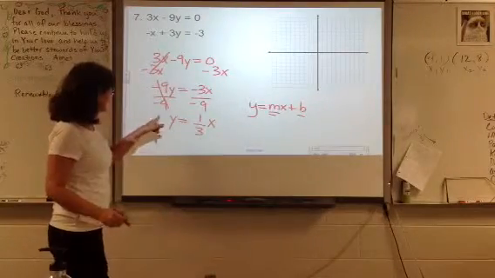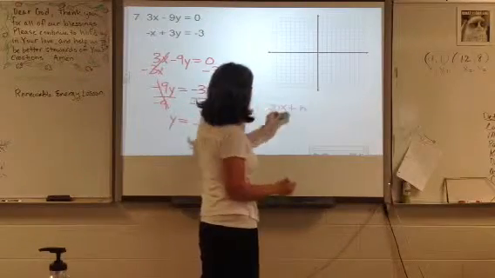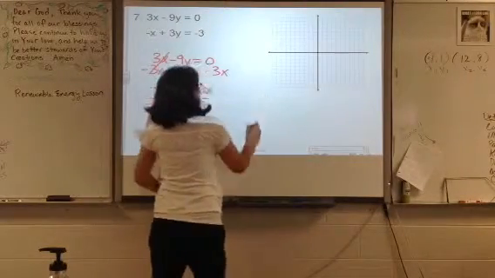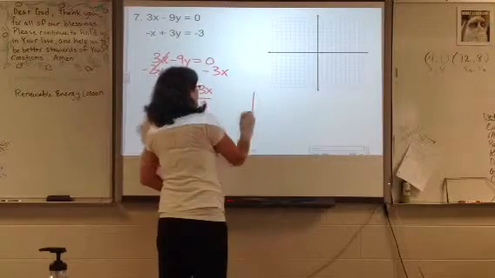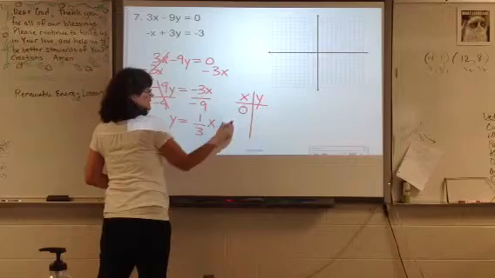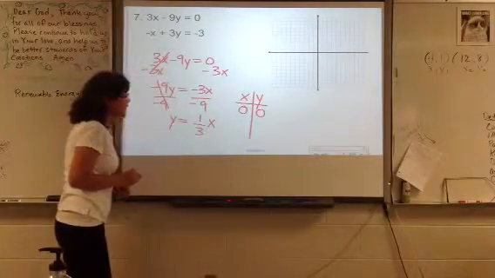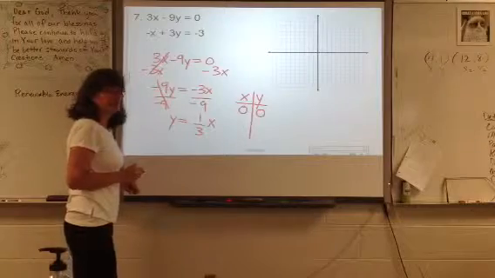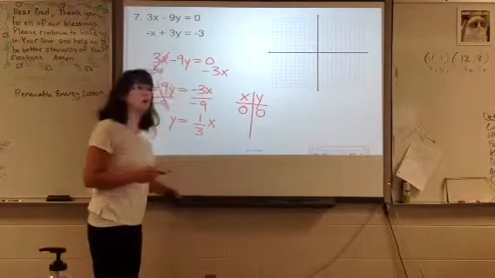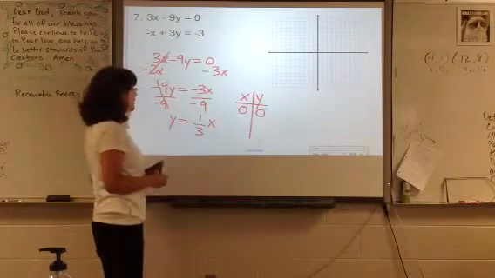Oh, you know what, that's going to be really easy to use a t-chart with. Okay, t-chart. Put a 0 in for x. A third times 0 is 0. I don't want to work with fractions because it's too hard to graph a fraction and have somebody else know exactly where it is.